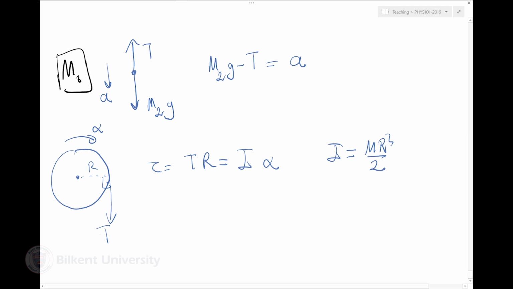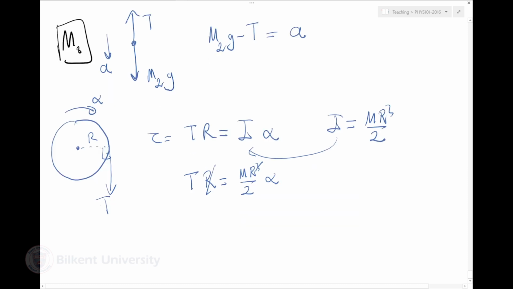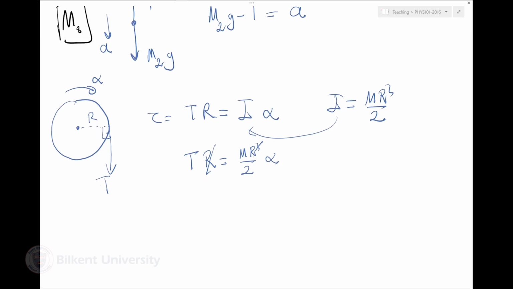So if I substitute, T times R is mr square over 2 times alpha. The R's cancel. So mr over 2 alpha is equal to T.